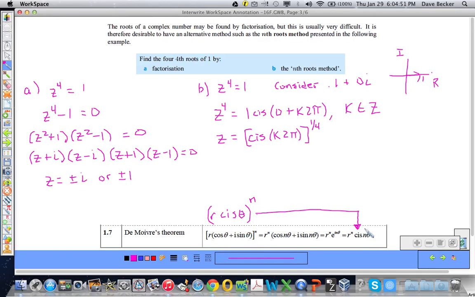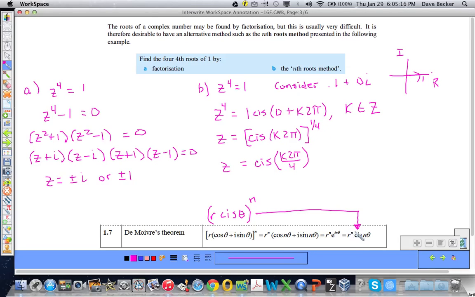Because I'm going to use de Moivre here and rewrite this as z equals cis of k2 pi over 4, by de Moivre. How did that happen? Well, r is equal to 1, and 1 to the 1/4 power is 1.